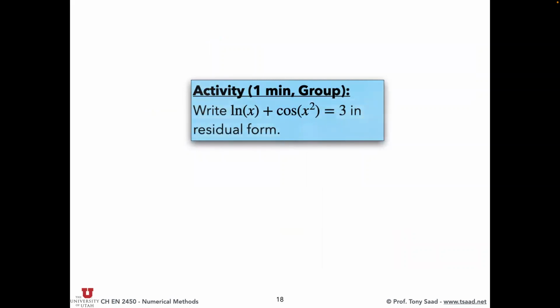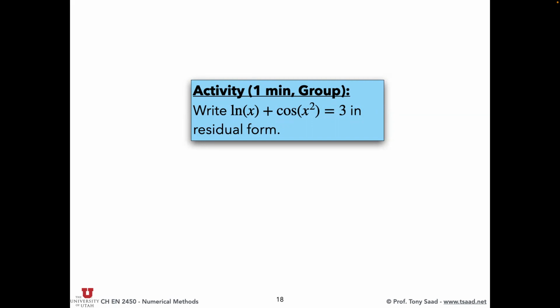All right. So now take this function and write it in residual form. I want to find the root of log of x plus cosine x squared equals 3 and write this in residual form. So what would you do?